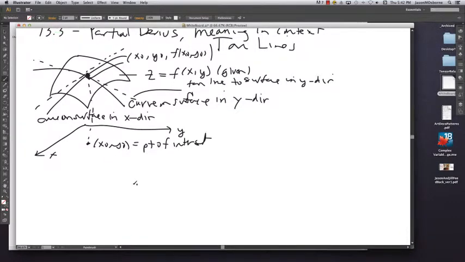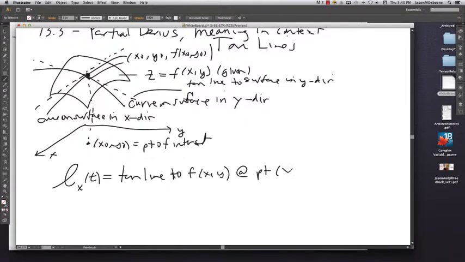Okay, so the formulas that we essentially developed is that if you want to look at a tangent line in the x direction, it's going to be a vector valued function in one variable. This is the tangent line to the function f of x comma y at the point x naught, y naught, f of x naught, y naught in the x direction. It's kind of a long thing to say, the tangent line.